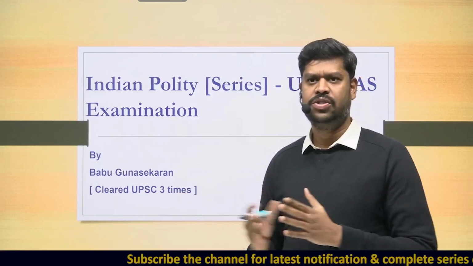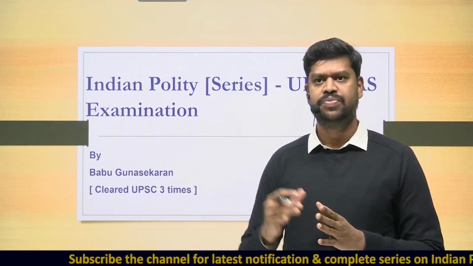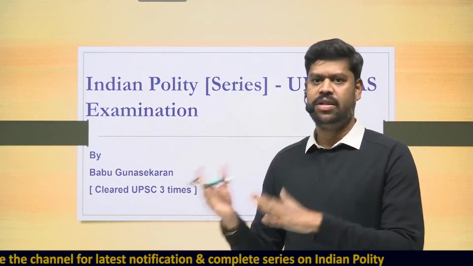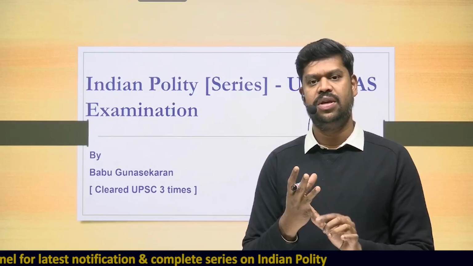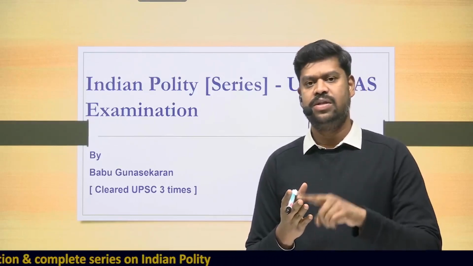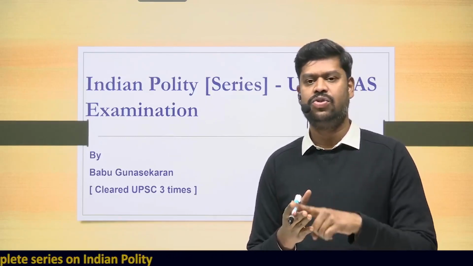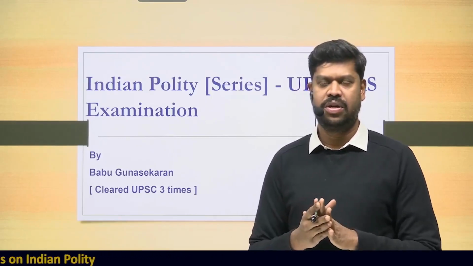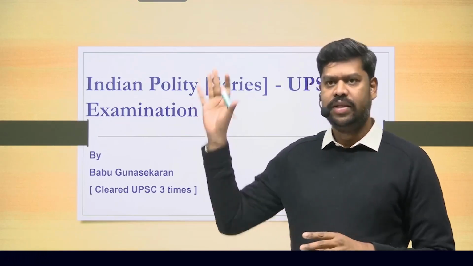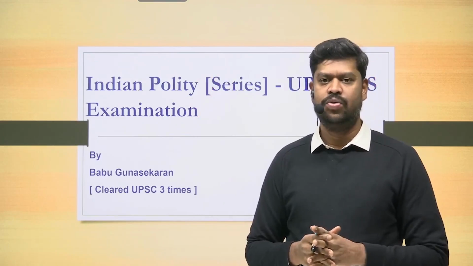Although they are not considered part of the union executive, I will not cover the CAG here, but I will cover all the other things: the President, the Vice President, the Union Council of Ministers, and the Attorney General. CAG I will do separately when I take up the constitutional bodies.